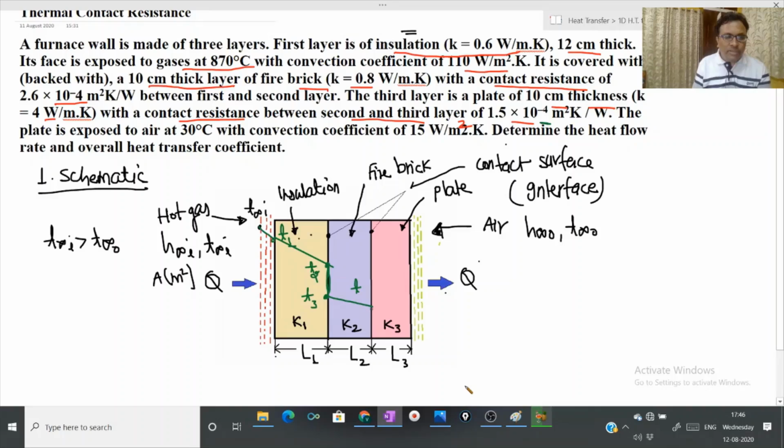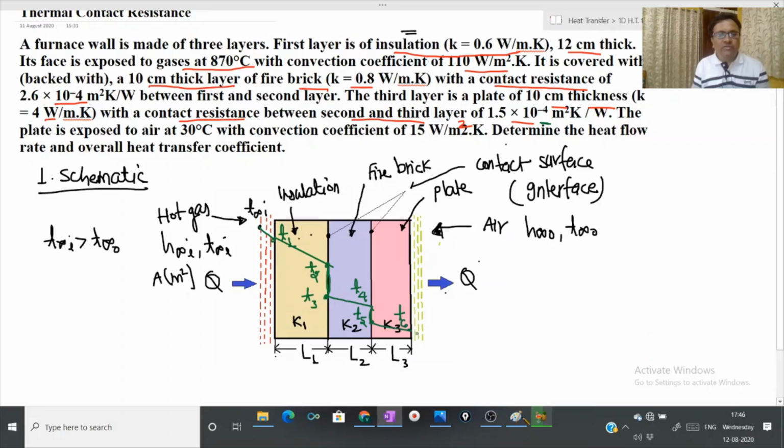So further temperature drop will take place, let's say, from T4 to T5. Further heat transfer will take place. Temperature will drop from T5 to T6 in the metal plate.